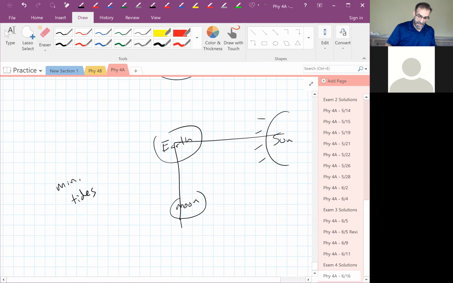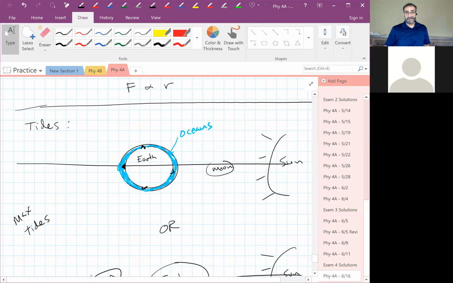All right, let's think about which one has the bigger influence on the tides, the moon or the sun? We have any surfers? Any surfers in the class? They're usually experts on tides.